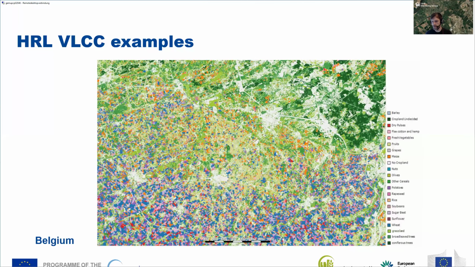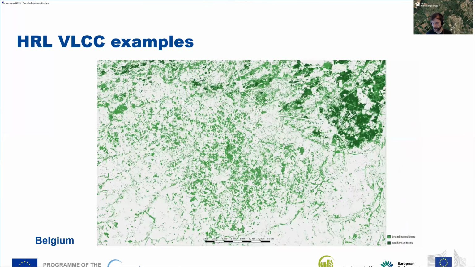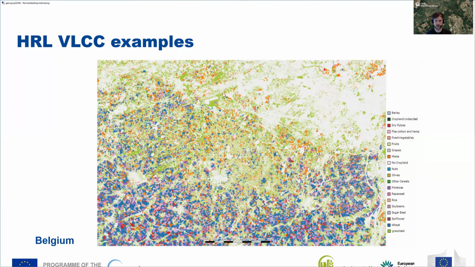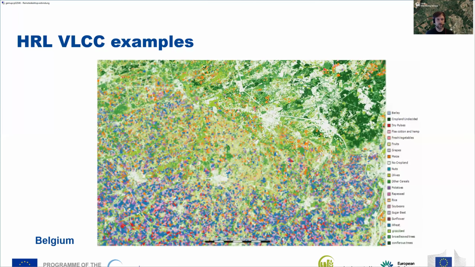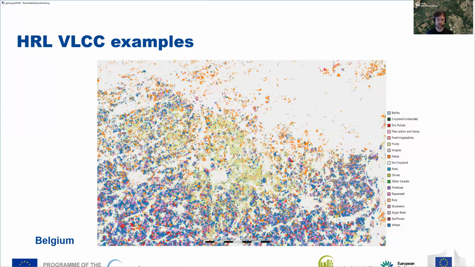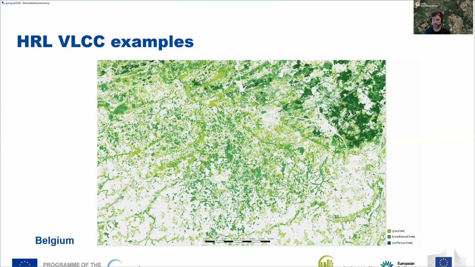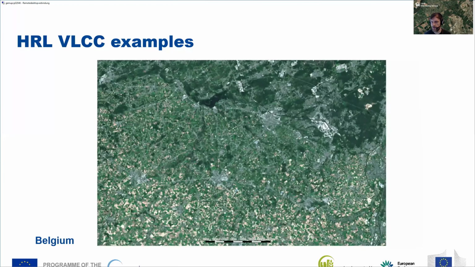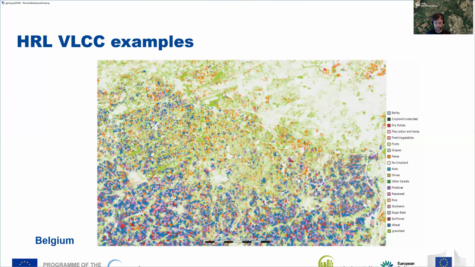Here as well, the forest products are overlaid, then the grassland product, and finally the crop type product. Here there's quite a different situation. The broadleaf tree cover is mainly spread across the whole area, but it is quite segmented in the northeastern part. We also have quite some areas with coniferous trees.